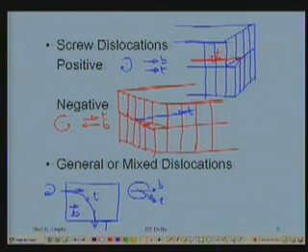Because B can be resolved along T, the component of B along T gives me a screw component, and the one along this gives me the edge component. That B vector can be resolved. So it is partially an edge dislocation, partially a screw dislocation elsewhere. That's what a mixed dislocation is.